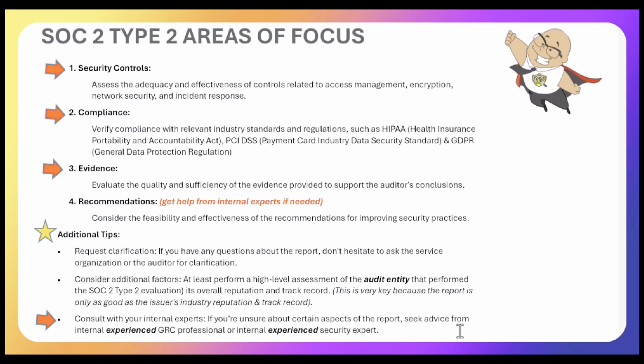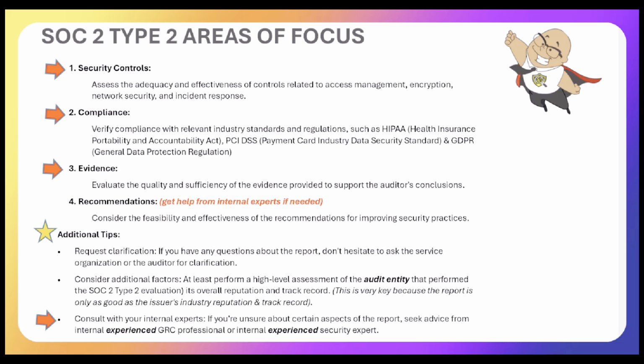For example, if you have internal evidence that you're providing for your own SOC 2 Type 2 report, make sure that it is actually adequate, because if a third-party auditor from a Big 4 firm comes out to review, they're going to ask for that evidence and really scrutinize it to make sure that it's of quality.